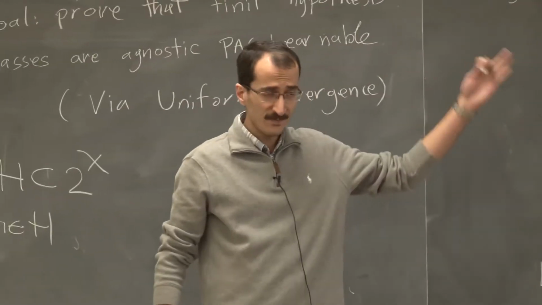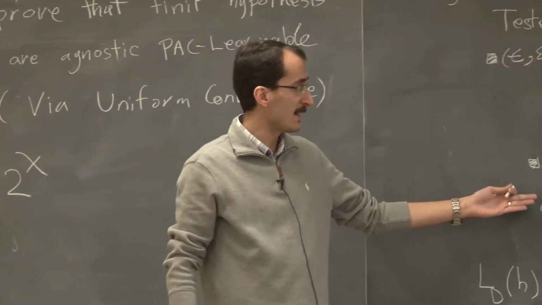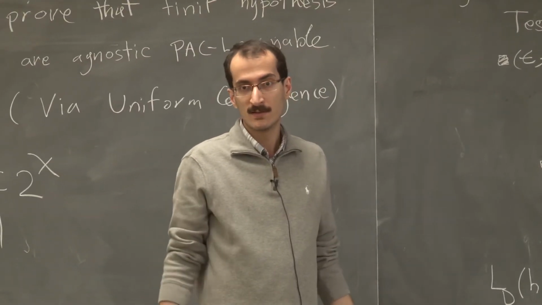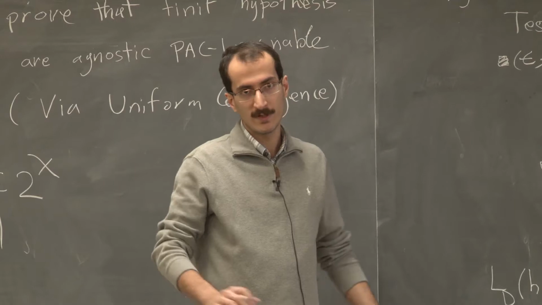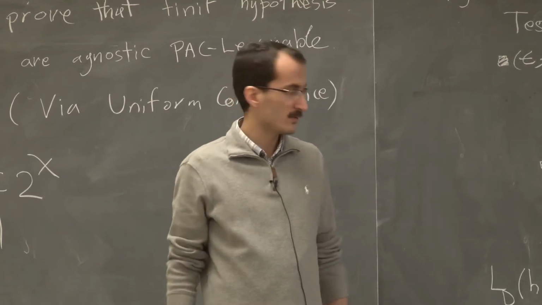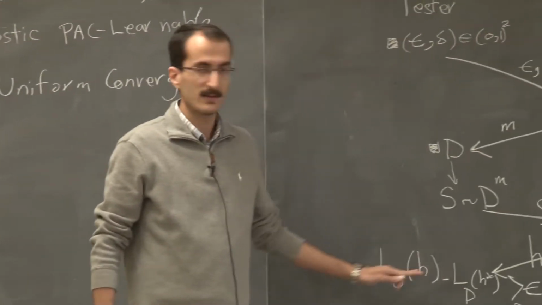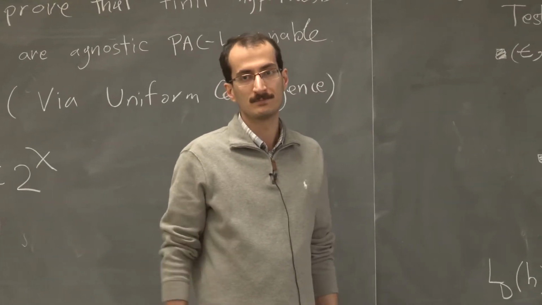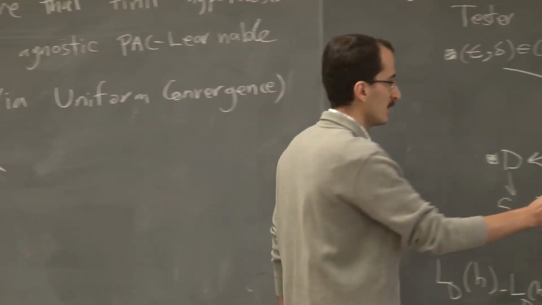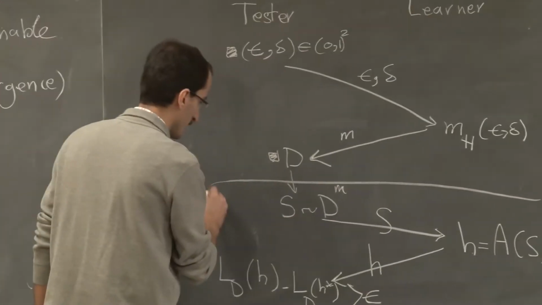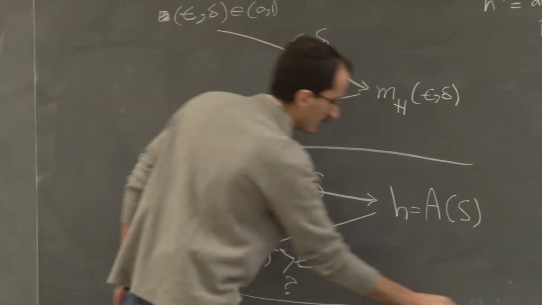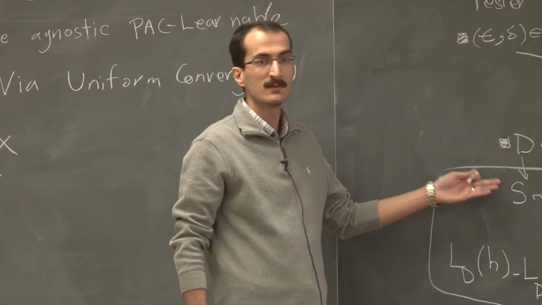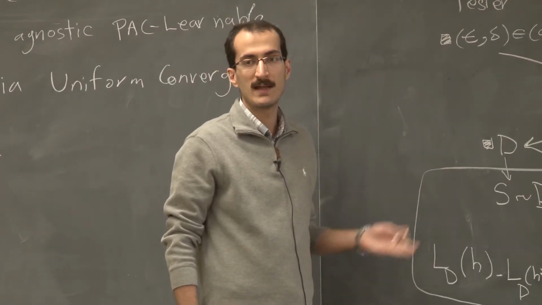So if we draw samples and test the learner, sometimes it fails. The error will be more than epsilon. Sometimes, the difference from the best possible hypothesis will be more than epsilon. Sometimes it will not fail. And now we count the number of times that it failed. So this is a probabilistic procedure because the sample is drawn randomly.